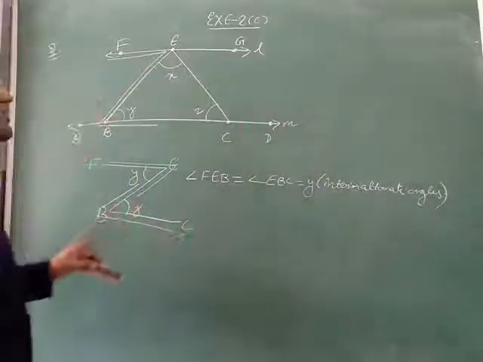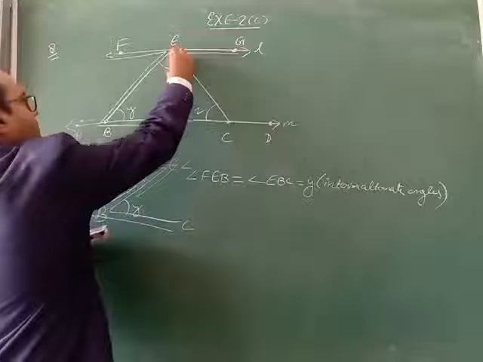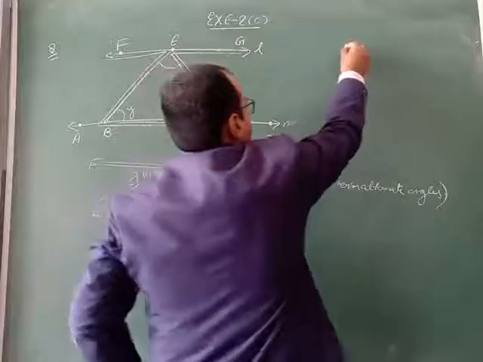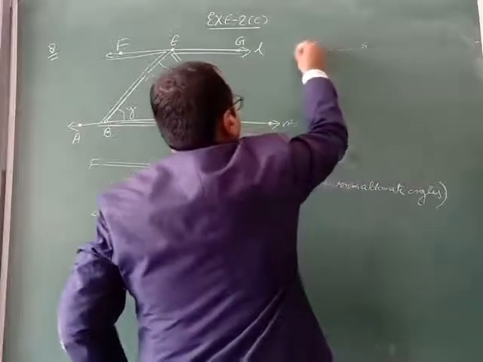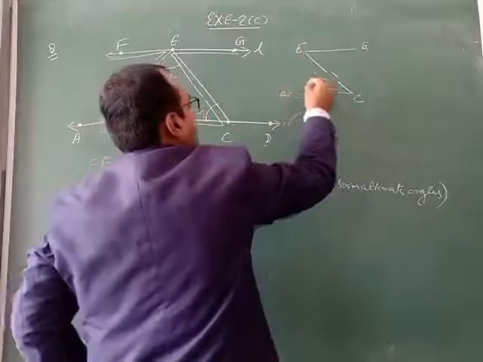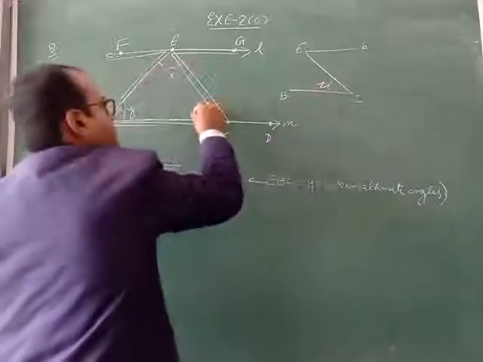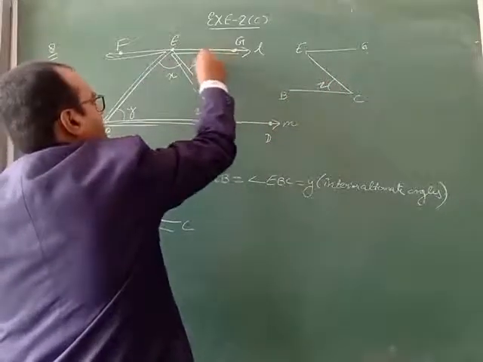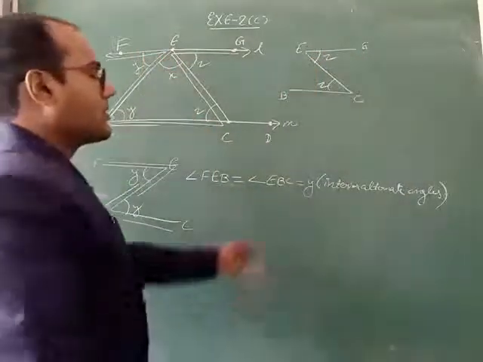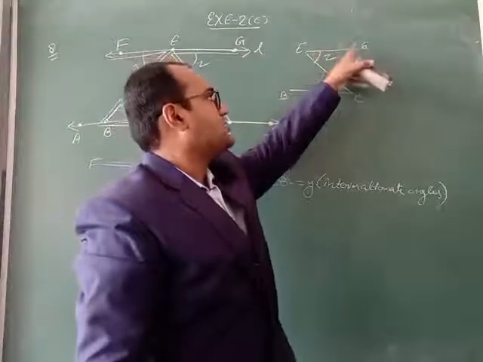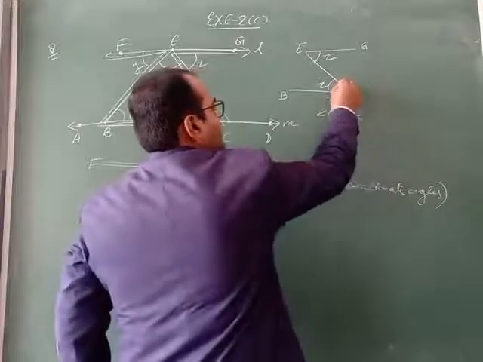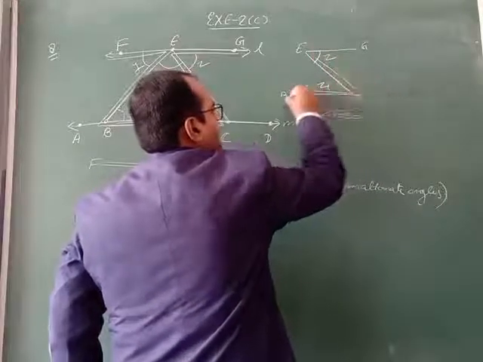Similarly, we will draw one more Z here. This Z we will draw: G to E, E to C, C to B. Here it is given Z, so we will say this angle will also be Z. The name of this angle we will write as GEC angle, and the name of this angle as ECB.